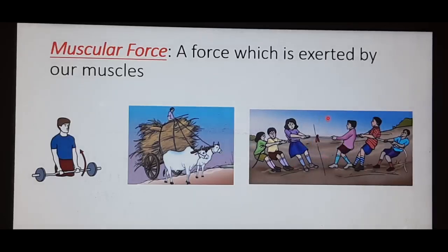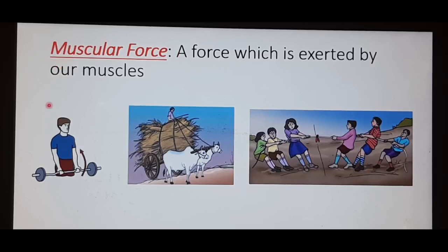And here 2 teams are playing tug of war, and you can see they are pulling this rope towards each of them. Here they are using their hands, again their muscles. So one thing you can remember, muscular force: when you are using your arms, hands or legs, that means you are making use of muscular force.